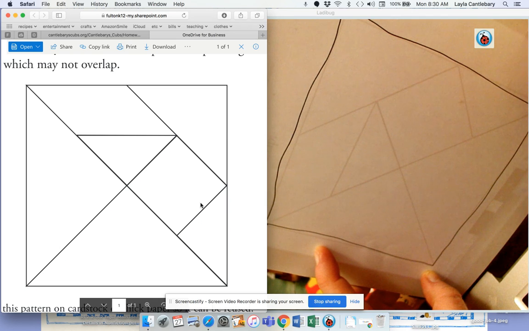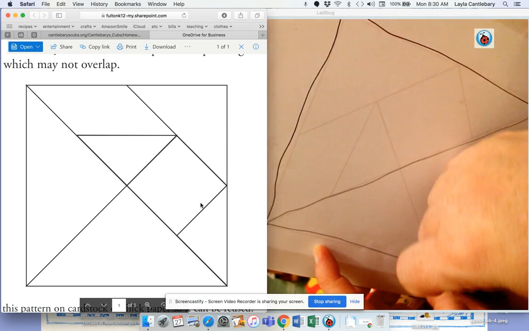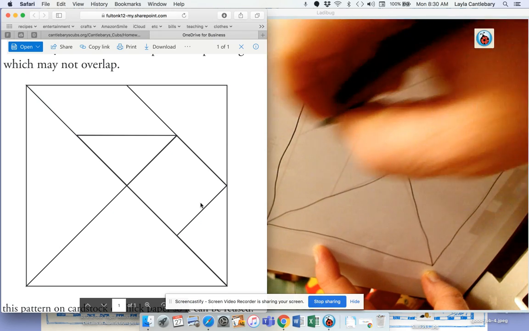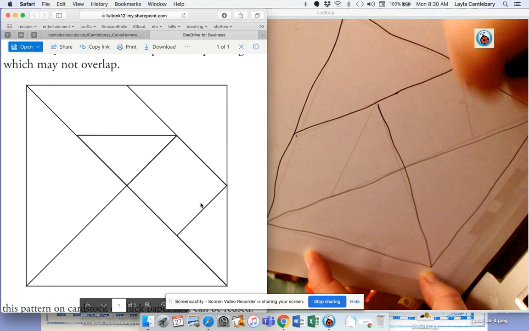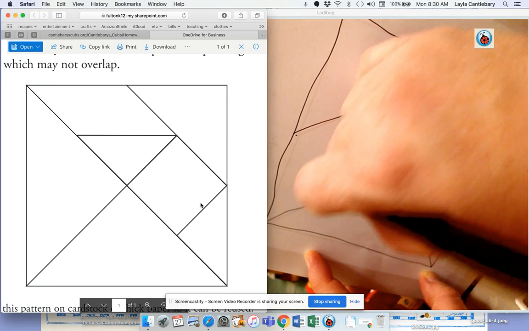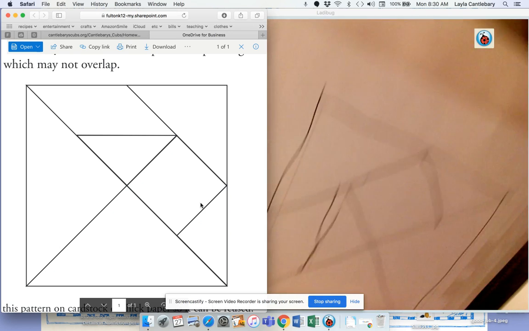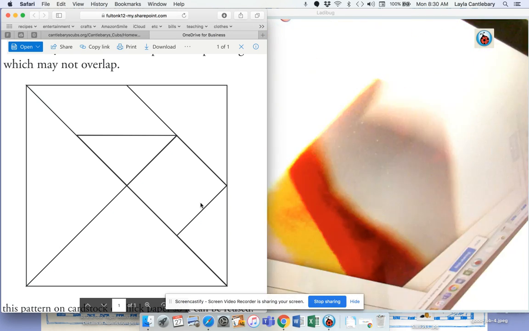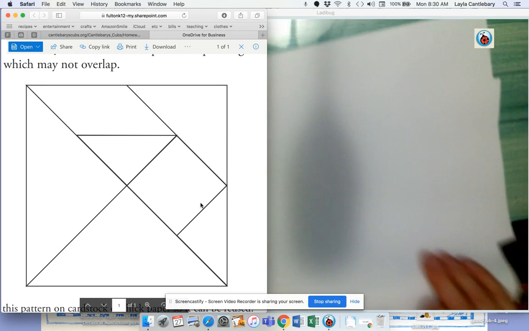This is very rough. So after this, I would want to go back and make my lines a little more straight, because with tangrams that really matters. The size really matters.